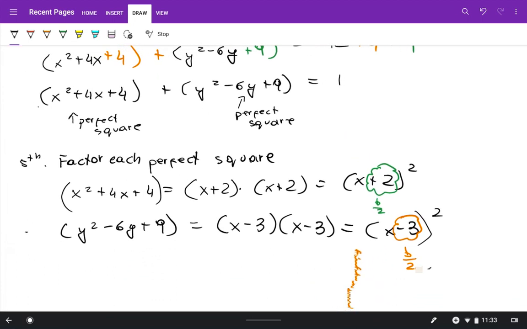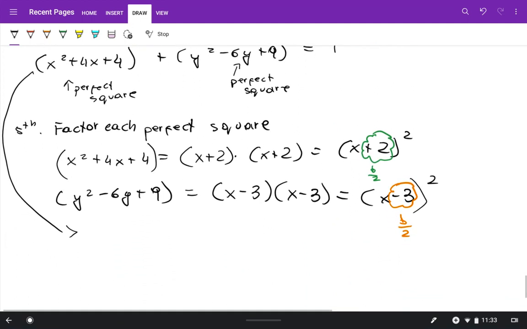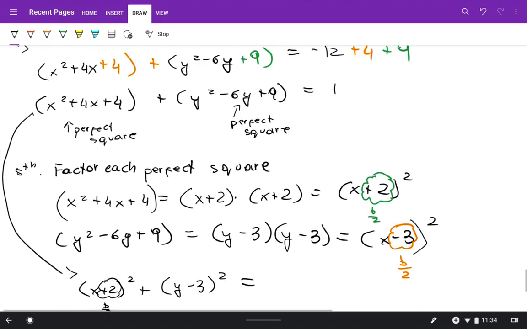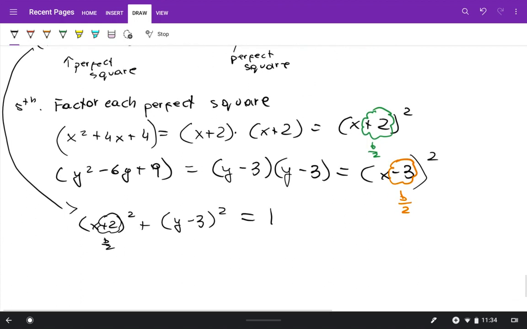We rewrite it here, replacing x squared plus 4x plus 4 with x plus 2 squared, which again is just b over 2, plus y squared minus 6y plus 9, which you replace with y minus 3 squared, equals, and on the right side we have 1.